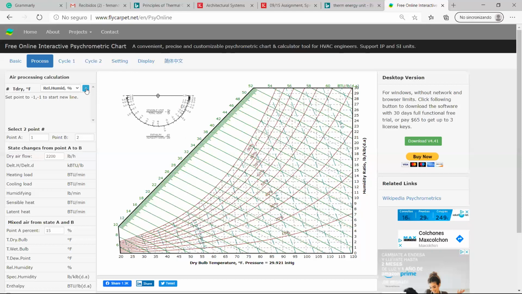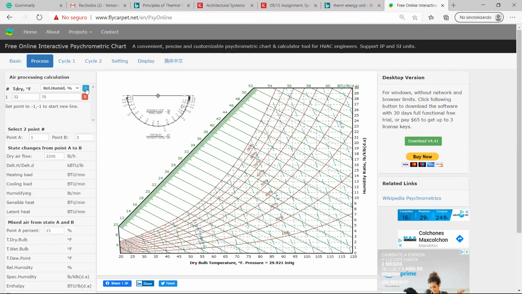So we don't have any previous condition here. The first thing is you click the plus sign here, and this is number 1. Number 1 can be the outdoor conditions. Our outdoor conditions in summer were 32 and the relative humidity 70. Okay, so outdoor, or number 1, is 32 Fahrenheit, 30%.